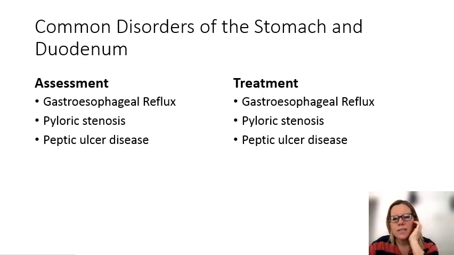Pyloric stenosis, this occurs in infants when the pylorus blocks food from entering the small intestine. All right, so what we see with these kids is vomiting immediately after feedings. And with this, it's generally projectile, okay?